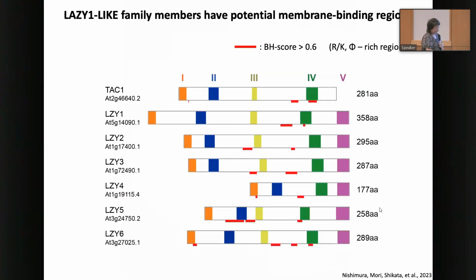And the LZY family proteins have no detectable transmembrane domain. Instead, there are regions with a high BH score, a basic-hydrophobic cluster score, in all members, indicated by red lines. The regions with a high BH score may associate with the membrane lipids through electrostatic interaction.